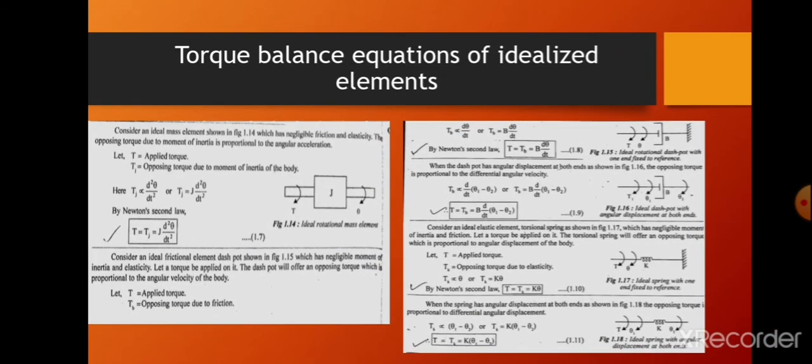The idealized elements are mass, spring and dashpot. In the rotational case, we will notate them by torque, moment of inertia, angular displacement theta, etc. And we can write the idealized equations by using torque equations.